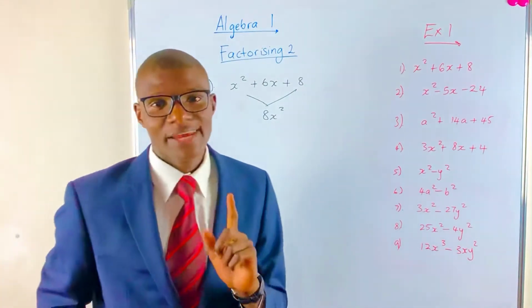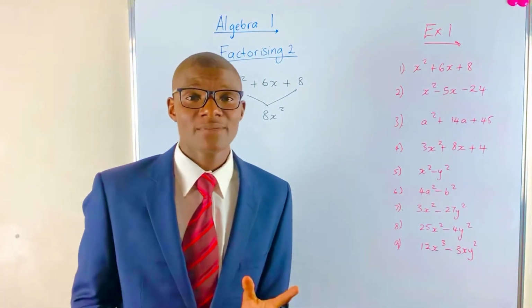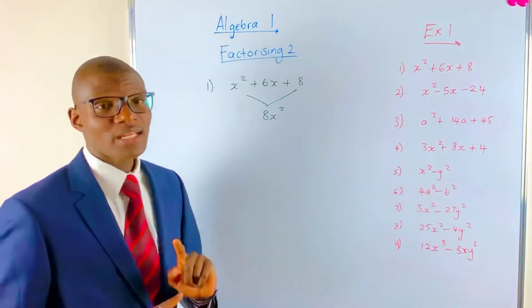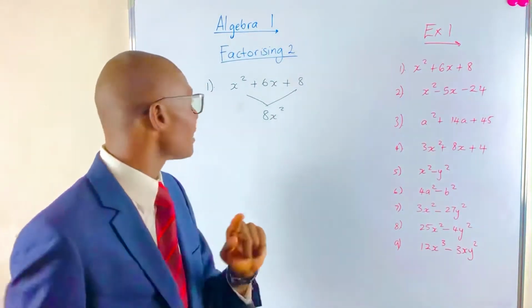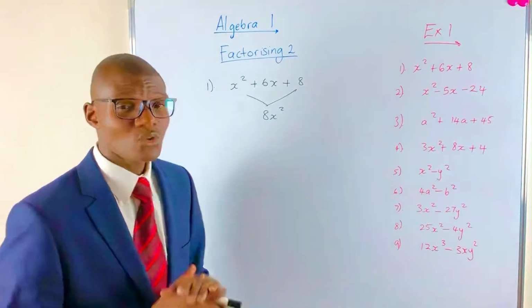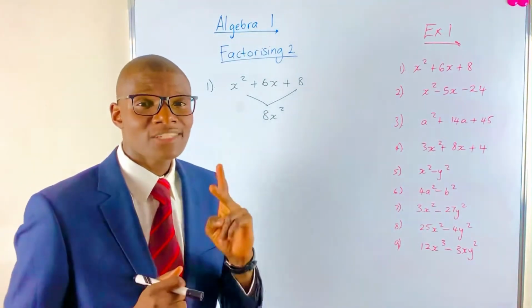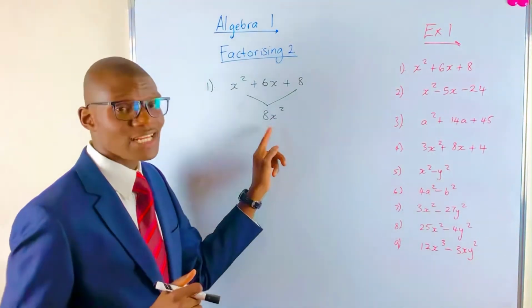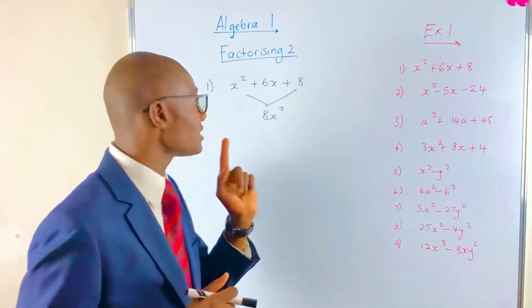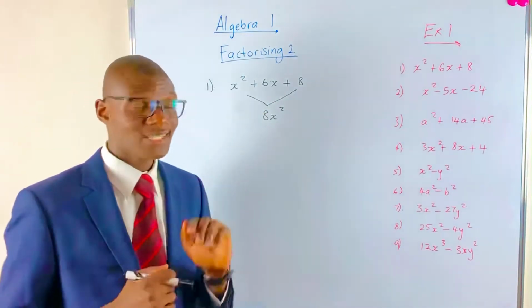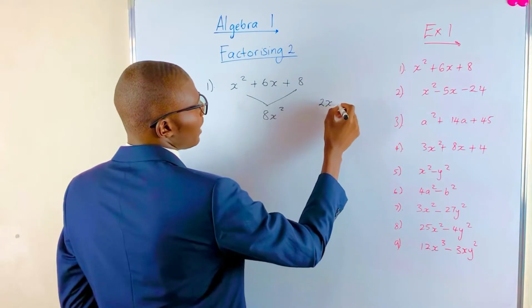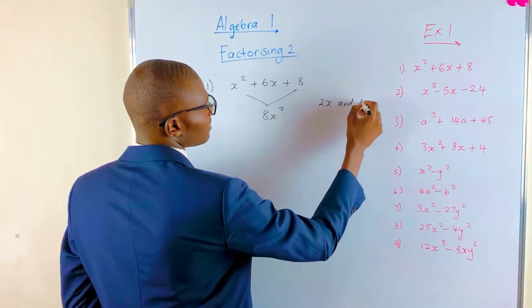Now next step is to find two terms that when we multiply we get 8x squared, and when we add them we get the middle term. So next step, we want to find two factors. When we multiply them they give us 8x squared, and when we add them they give us the middle term 6x. So we see these factors, we've got 2x and 4x.